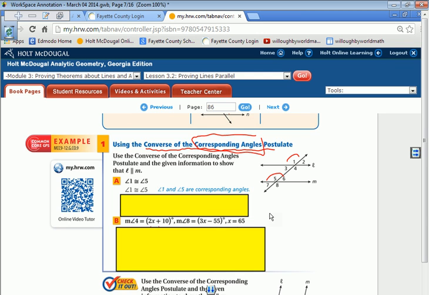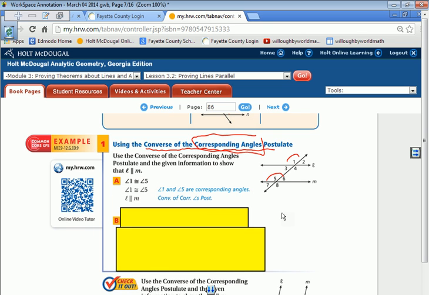So it tells us angle 1 is congruent to angle 5, and those are corresponding angles. Because we have corresponding angles that are congruent, what must be true? L is parallel to M, by the converse of the corresponding angle postulate. What does converse mean? The opposite. Right.